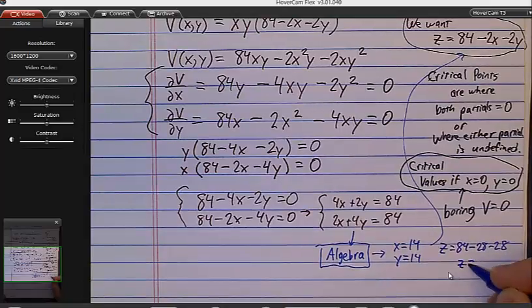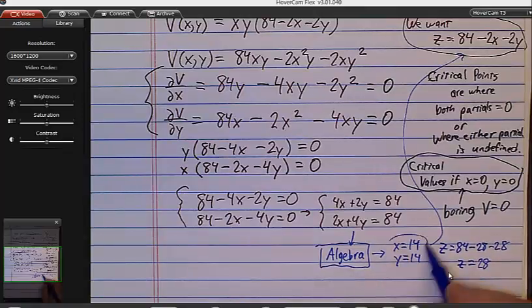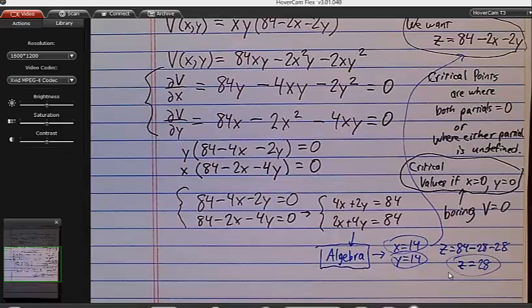So z is equal to 84 minus 56, which is 28. That's really cool. So this is a beautifully shaped package to maximize the volume and avoid the charges. And you could, of course, multiply that out if you want what the volume actually is. But this is a classic problem.